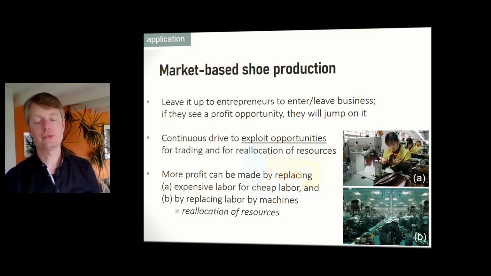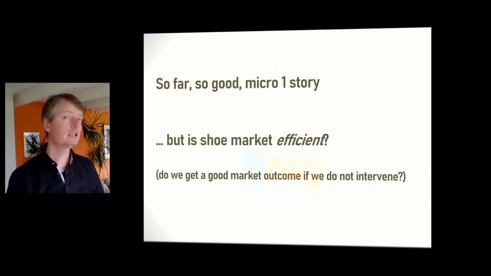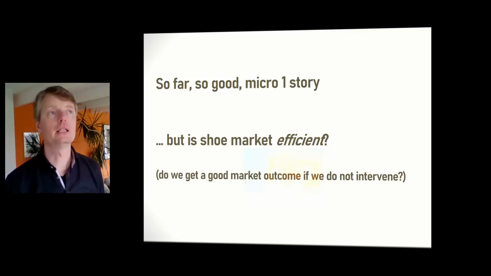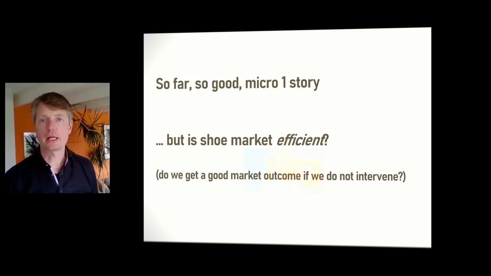There has been a great reallocation of resources by entrepreneurs, basically exploiting the opportunities to do so. Yeah, that seems fine, right? That entrepreneurs are doing what they're supposed to do, and so that's all in line with microeconomics 1.